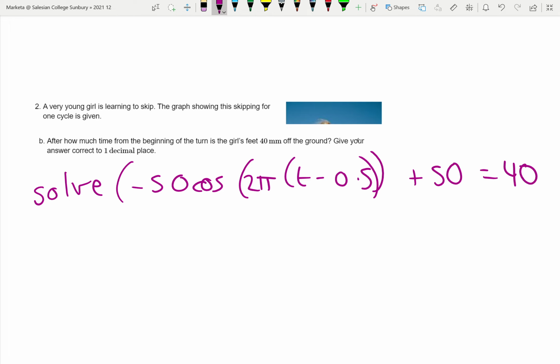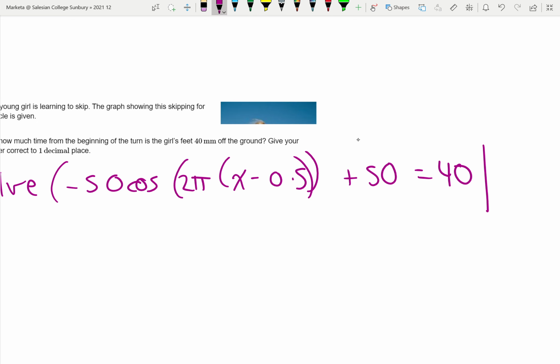And of course, I would use x here if I were you, because it's just easier to solve. You would need to put a restriction there. So x is between 0 and 1. And what we find is that t is going to equal 0.2 seconds.